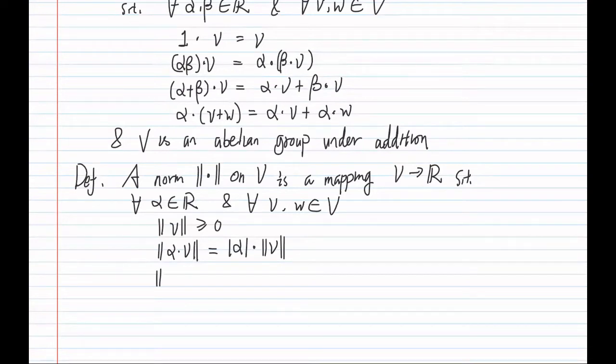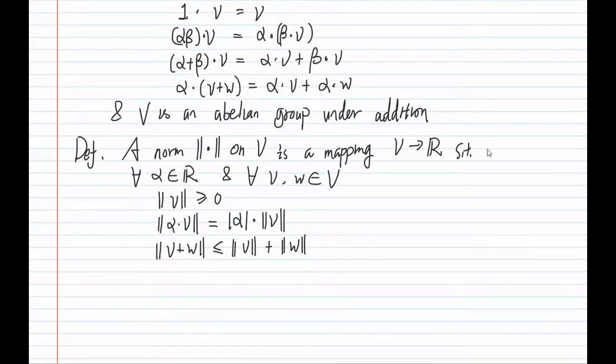So the norm of v plus w is going to be less than or equal to the norm of v plus the norm of w. The last property is that if v is not equal to 0, then the norm of v is strictly positive. If not, then this is called a semi-norm.